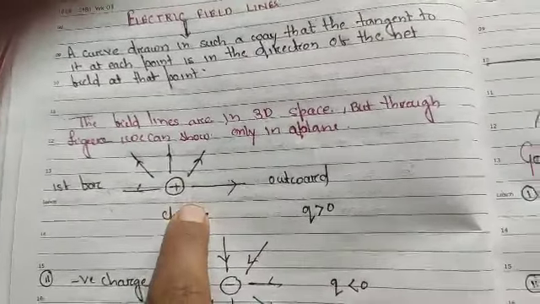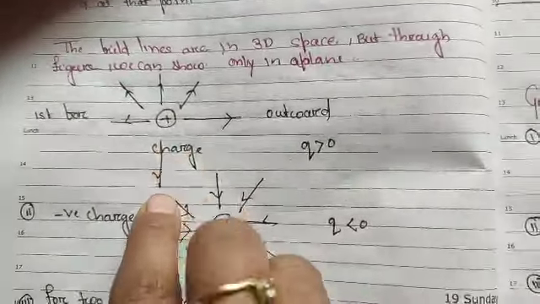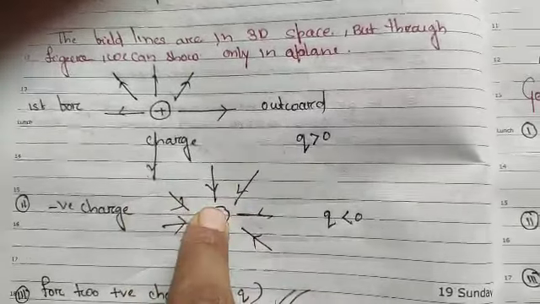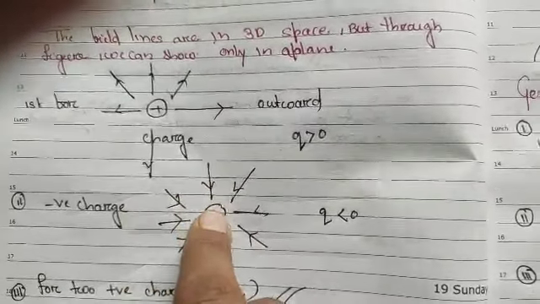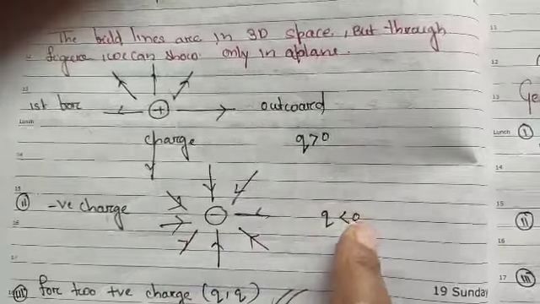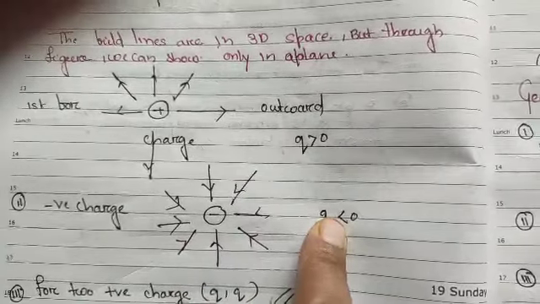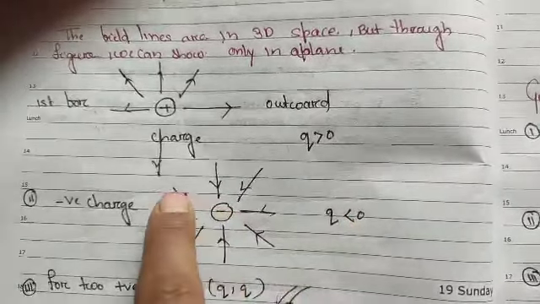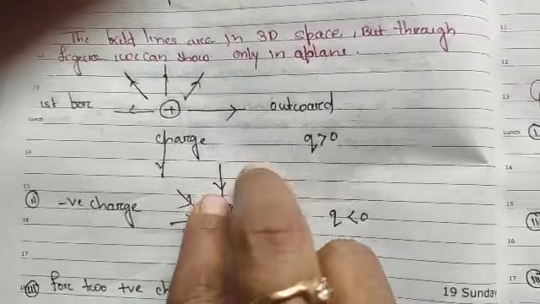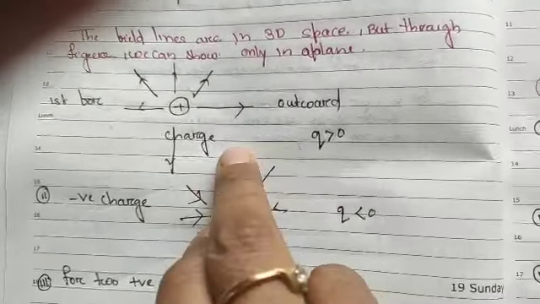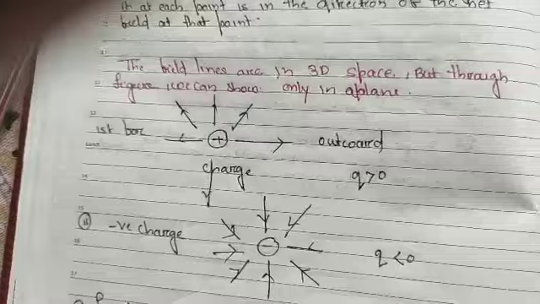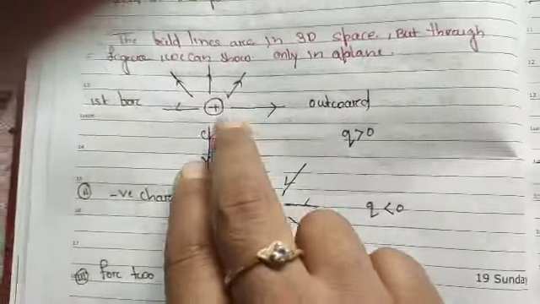Clear? But if I take a negative charge, see, I have taken a negative charge here, and the Q is less than 0, means the charge value is negative. That's why here you will see the arrow mark of the electric field line in the inward direction. Clear to you?